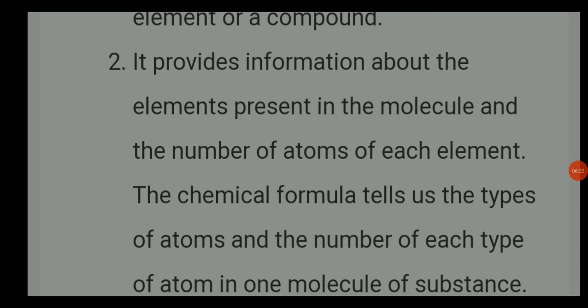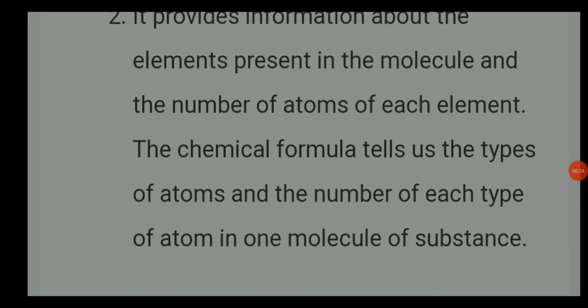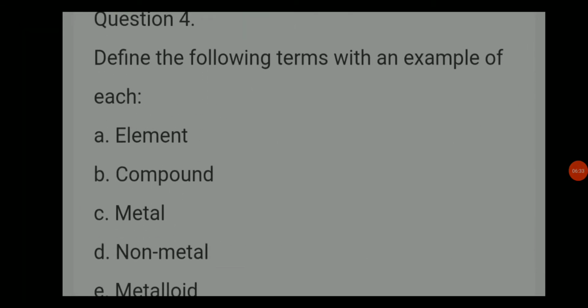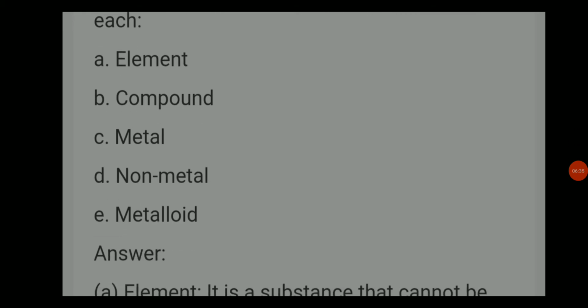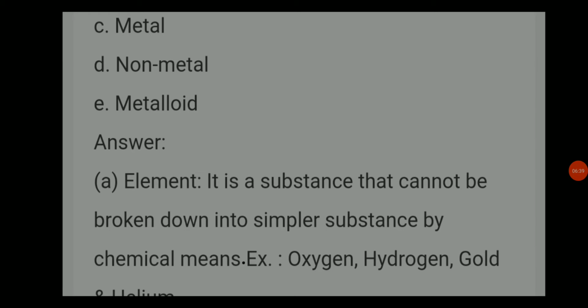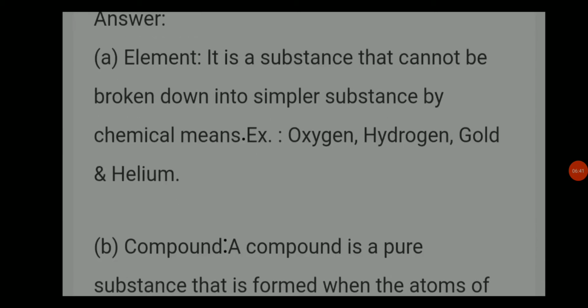The chemical formula tells us the type of atoms and the number of each type of atom in one molecule of a substance. Fourth one, define the following terms with an example of each: element, compound, metal, non-metal and metalloids. First one, element. It is a substance that cannot be broken down into simpler substances by chemical means.